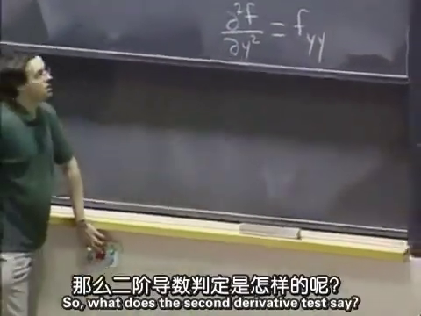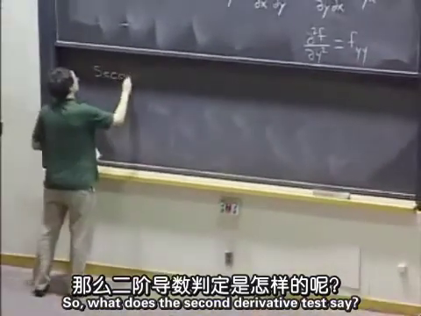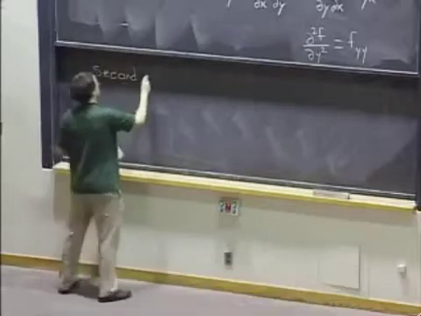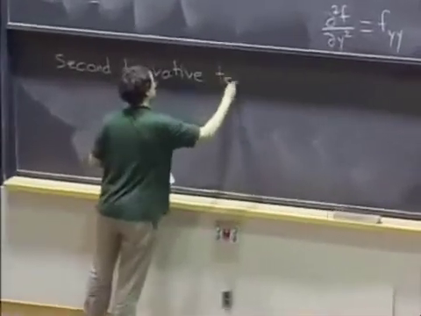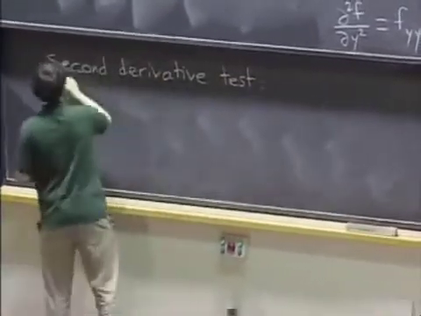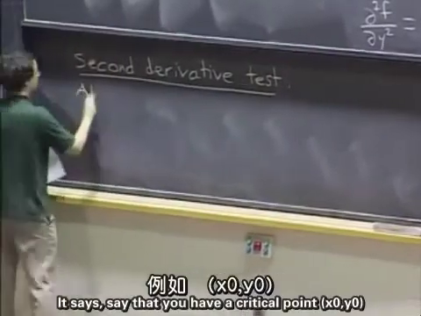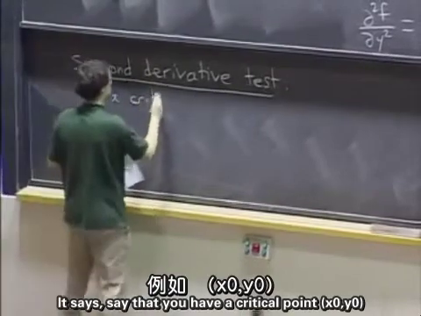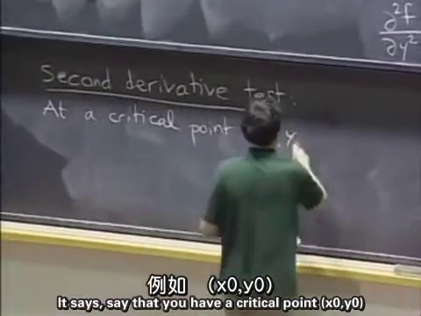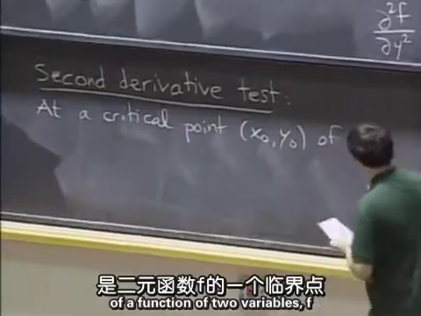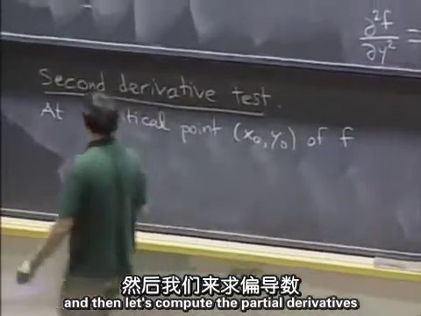So what does the second derivative test say? It says, say that you have a critical point x0, y0 of a function of two variables f, and then let's compute the partial derivatives.